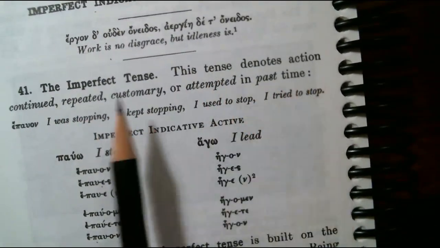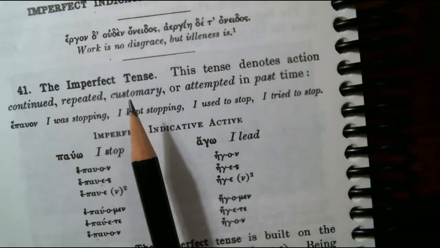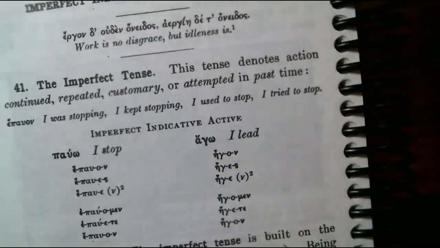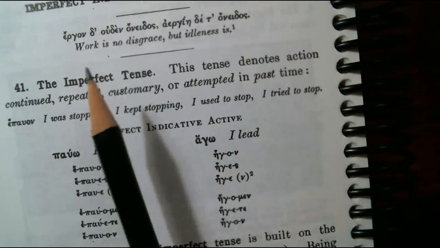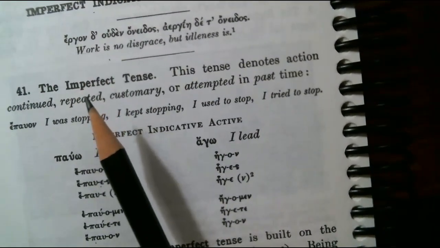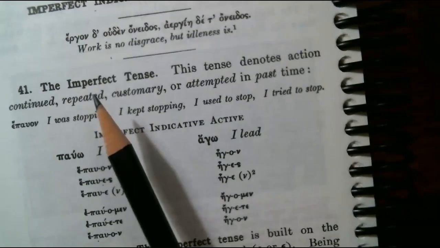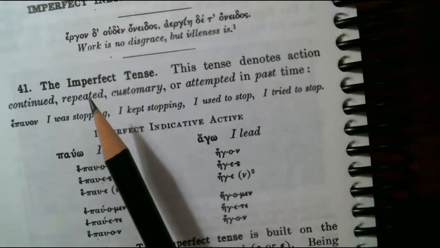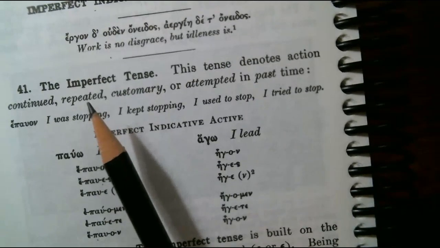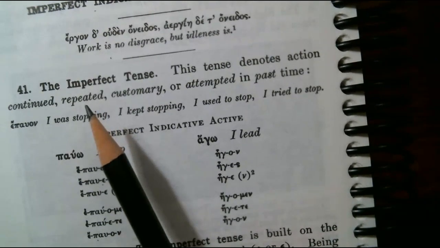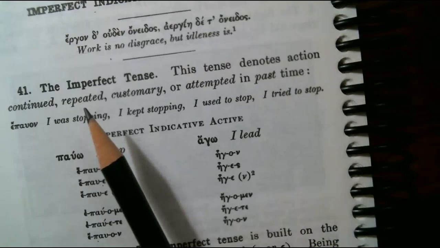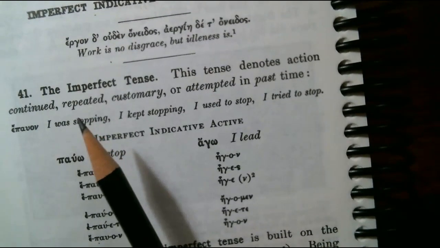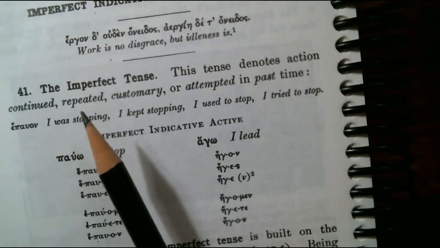But that's that. All right, so for the imperfect, they give us some good examples here. This tense denotes action continued, repeated, customary, or attempted in the past. So imperfect, you could think of this as it's not perfect. Imperfect versus perfect is another tense we'll get to later, but perfect means an action that began in the past, but then it's continuing to the present.